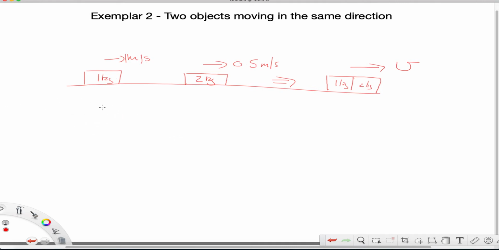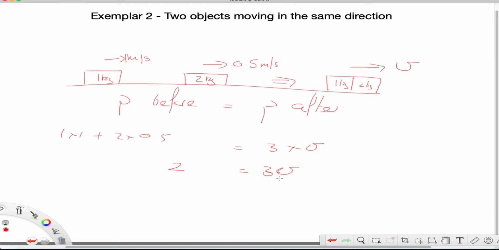So momentum before, if I use P to save me writing out momentum, equals momentum afterwards. We've got 1 times 1 plus 2 times a half will equal 1 plus 2, which is 3, times V. So we've got 1 and 1 is 2. 2 times a half being 1 is 3 times the velocity.